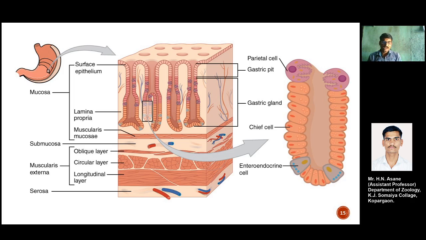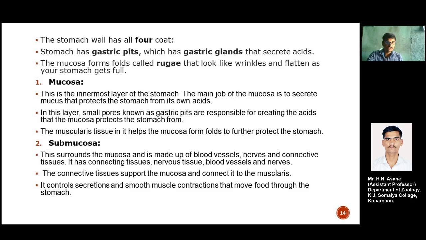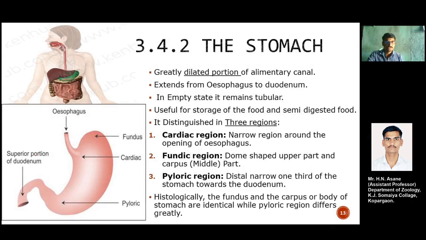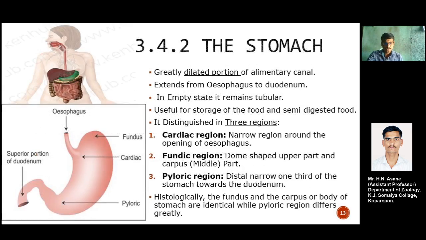The pyloric glands, which we have seen in the pyloric region. In the pyloric region, there are some pyloric glands that are going to secrete mucus as protection against the autodigestion of the stomach wall itself.